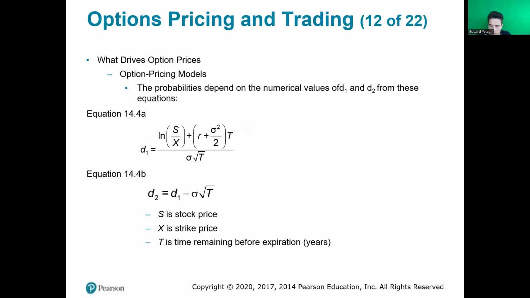They combine those probabilities to come up with the value of an option. Think of D1 as capturing the stock's expected future price adjusted for risk, and D2 as the probability-weighted likelihood that the option will finish in the money.